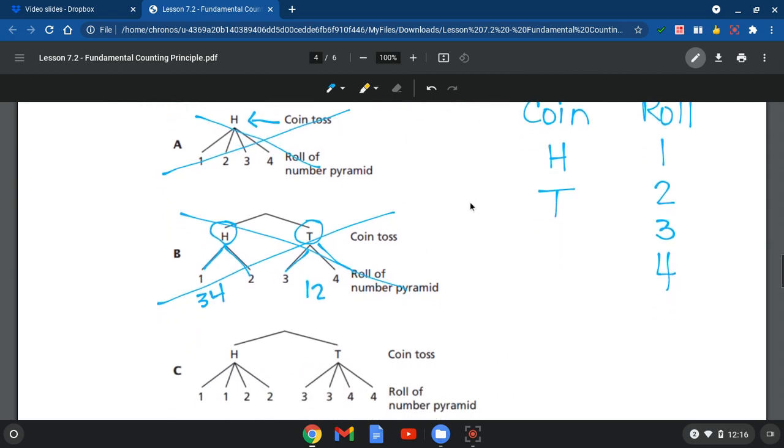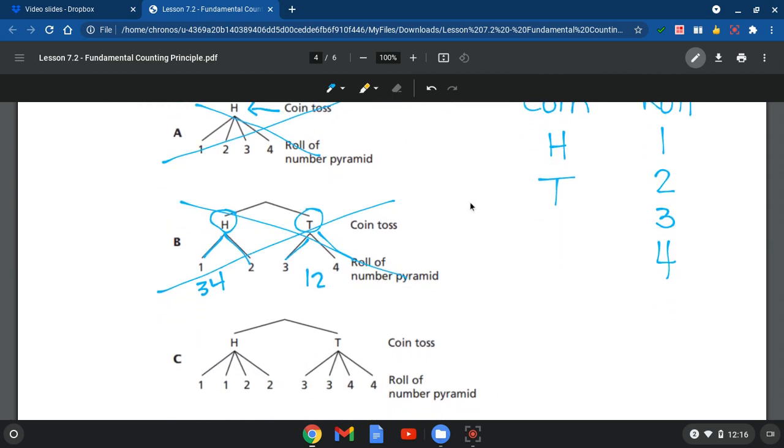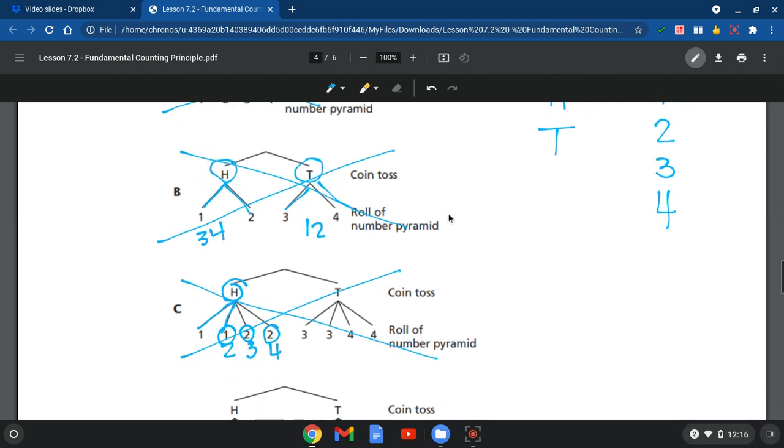Scrolling along, item C shows that if you flip heads, you can roll a 1 and then a 1 again. That does not look right either. This should have been a 2, this should have been a 3, and this should have been a 4. So this is not correct.